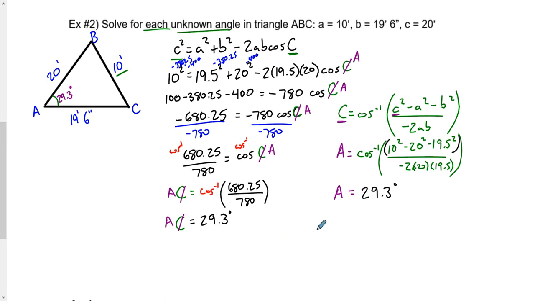So if I want to solve for angle B, just in the interest of time, I'm going to use my formula again. So to solve for B, I'm going to have to make sure I have that 19.5 in this location. So nice. Cosine inverse, 19.5 squared, subtracting 10 squared, subtracting 20 squared.